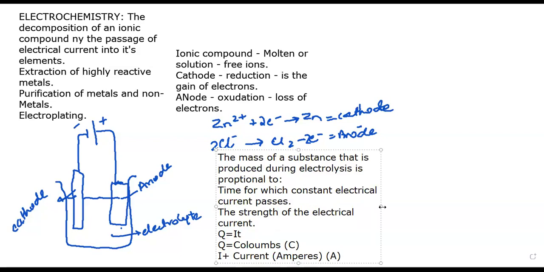So the mass of substance produced at an electrode or removed from an electrode during electrolysis is proportional to the quantity of electricity. The quantity of electricity is measured as charge.